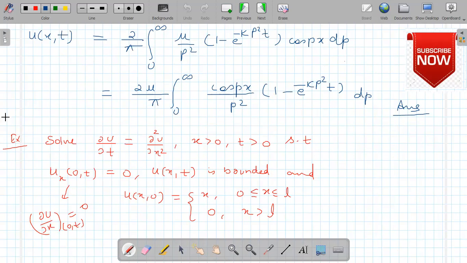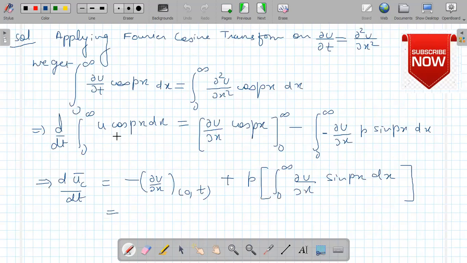Okay, and also you should write that we are assuming that del u by del x approaches 0 as x approaches infinity. You should write this somewhere. Okay, don't write it directly, otherwise it will make confusion.